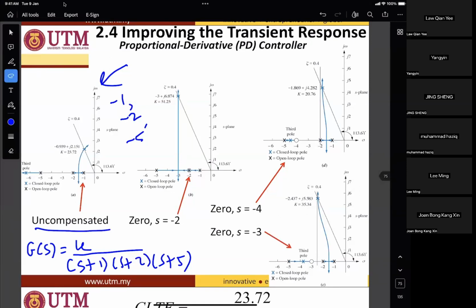Right, so we add S plus 2, which is a zero at -2 over there. Then we add -3, then we add -4. We want to see 3 situations, the different zero values starting from -2, -3, and -4, and see the response.